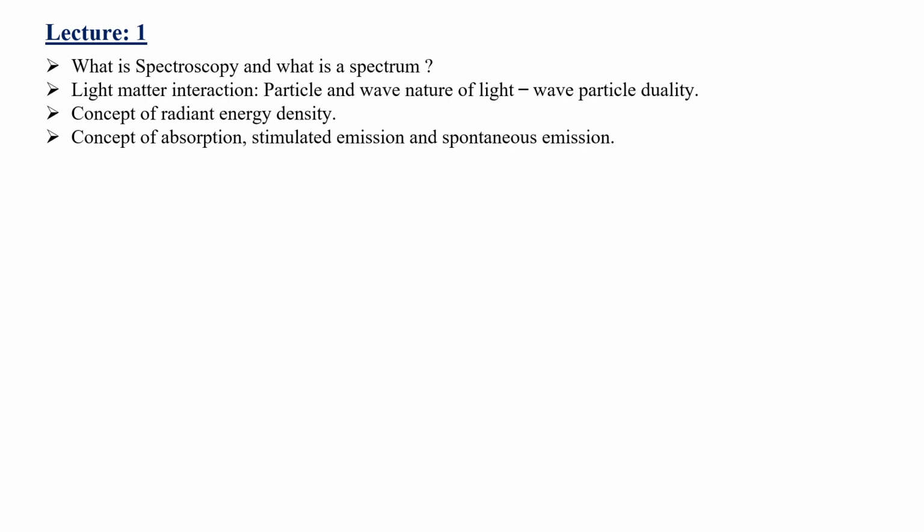It could be spontaneous, it can happen of itself, or it could be stimulated by some light energy. So when there is a stimulation by light, we call it stimulated emission. And spontaneous emission, you know the meaning of spontaneous, it is happening randomly, or all of its own.